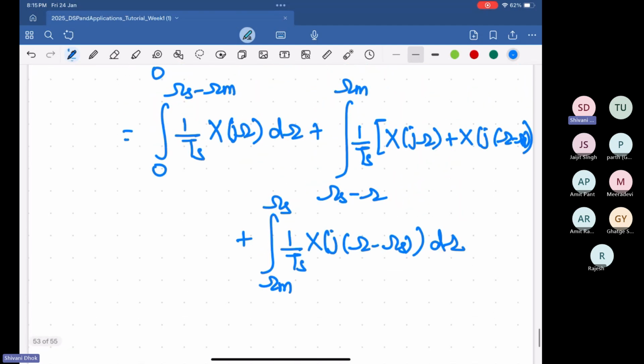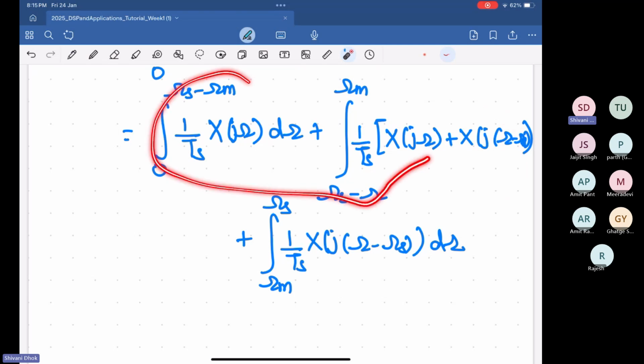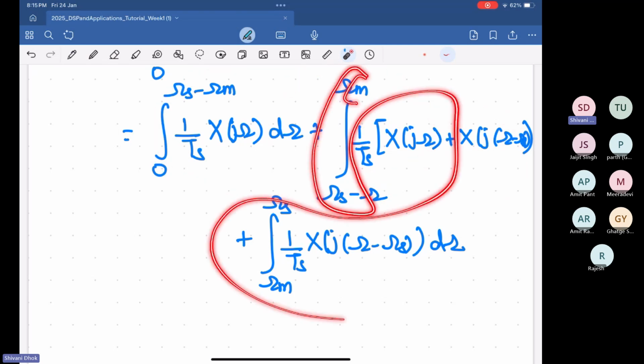So now this thing here, we can split this summation, and we can combine this part, and again we can combine this part together.